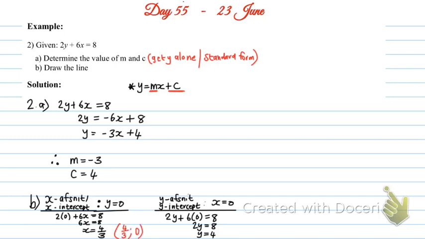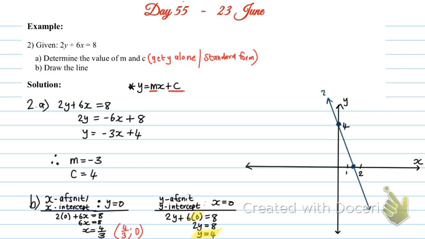4 over 3 is between 1 and 2. Then the y-intercept: I set x equal to 0, so 2y is equal to 8 and y will be equal to 4. Then I draw my Cartesian plane neatly, and I put a dot between 1 and 2 and a dot at 4 that I plotted.